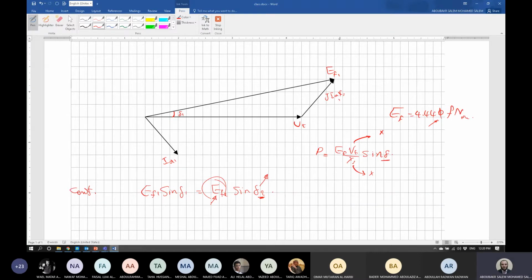So what we can do is to control the value of field in order to return to the same operating point again. For that, we assume that the new operating point is the point of constant power.